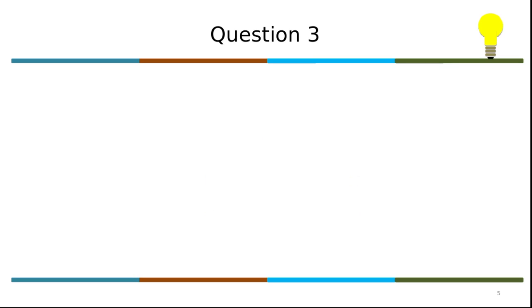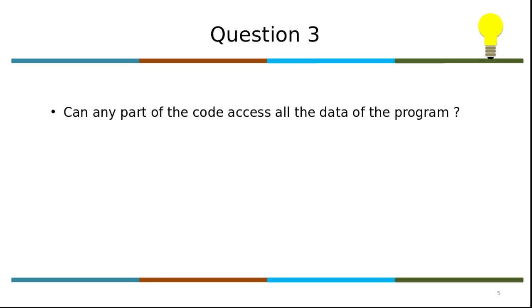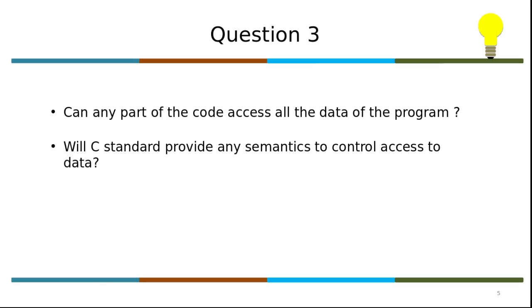Next, can any part of the code access all the data of the program? Never. Any code cannot have a free will to access all the data. There are some restrictions. And will the C standard provide any semantics to control access to the data? Yes. The semantics comes in the form of storage class specifiers.